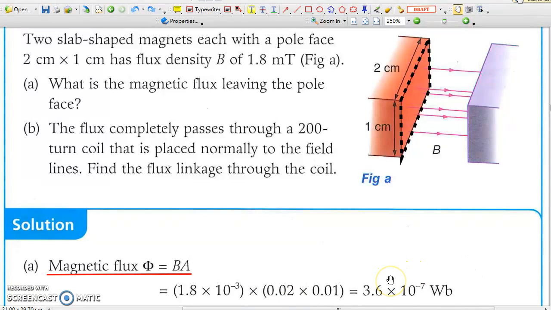So you may say there are 3.6 times 10 to the power negative 7 Weber of field lines directed from the north pole to the south pole, evenly distributed between the two pole faces.